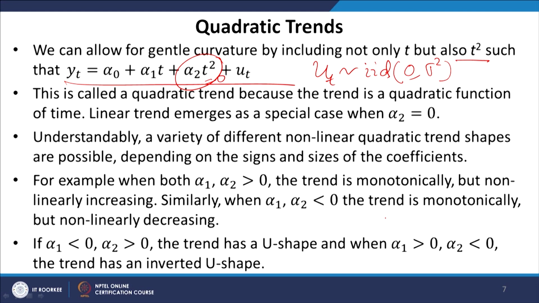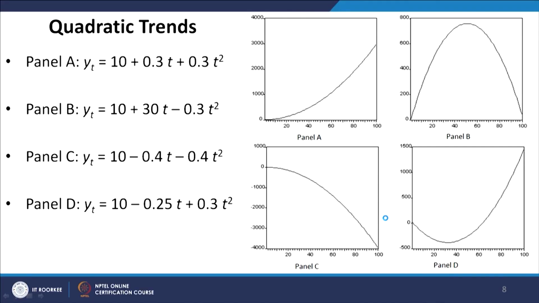Similarly, when alpha 1 and alpha 2 are both less than 0, the trend is monotonically but non-linearly decreasing. If alpha 1 is less than 0 and alpha 2 is greater than 0, the trend has a U-shaped curve, and when alpha 1 is greater than 0 and alpha 2 is less than 0, the trend has an inverted U shape. This is what we are showing here with examples: in panel A, we have both coefficients positive.